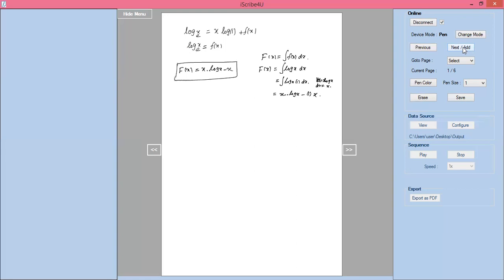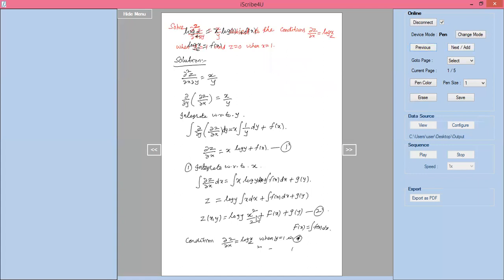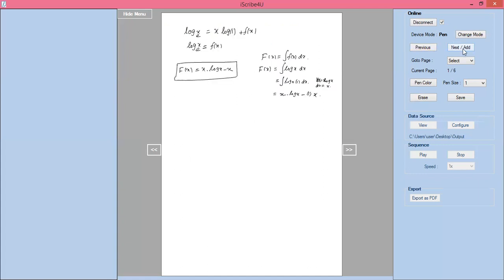Now you can substitute this capital F of x value in equation 2. Equation 2, what is that?